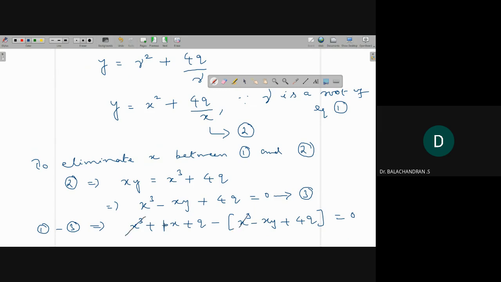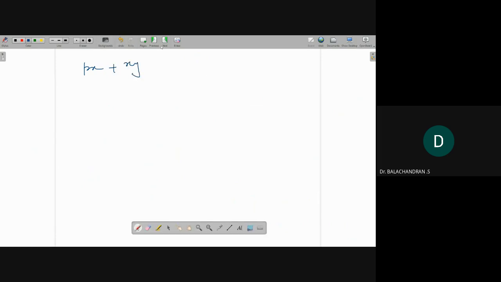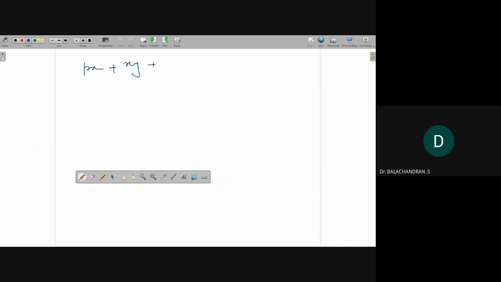We get px plus xy plus q minus 4q, which is minus 3q, equal to 0.